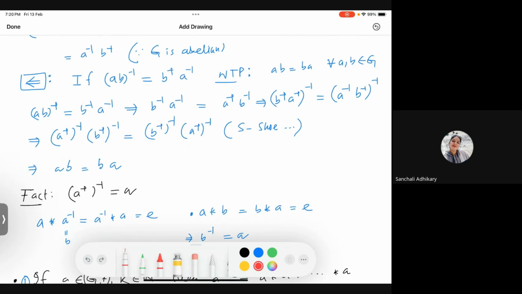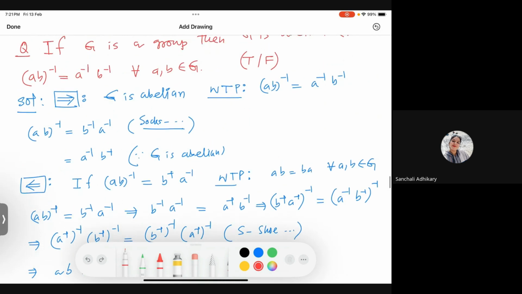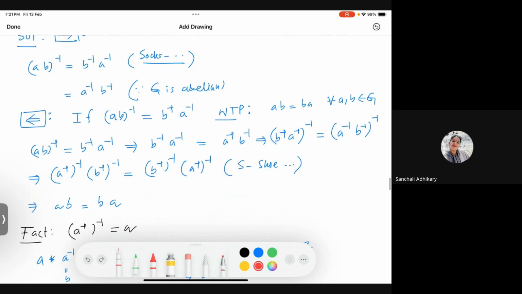But here it is given (AB) inverse is equal to A inverse B inverse. So we have B inverse A inverse is equal to A inverse B inverse.